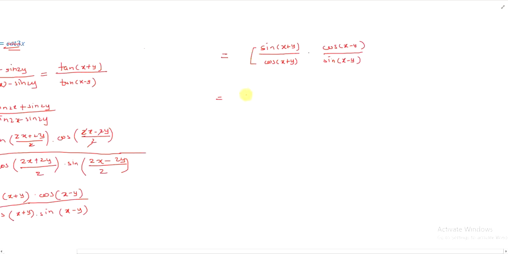What is this? It is nothing but tan (x plus y), and here you can see cos upon sine.